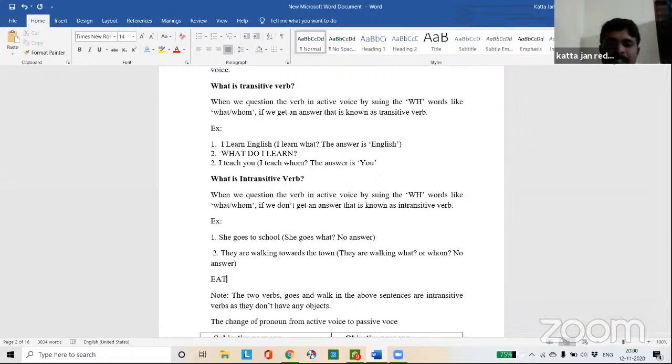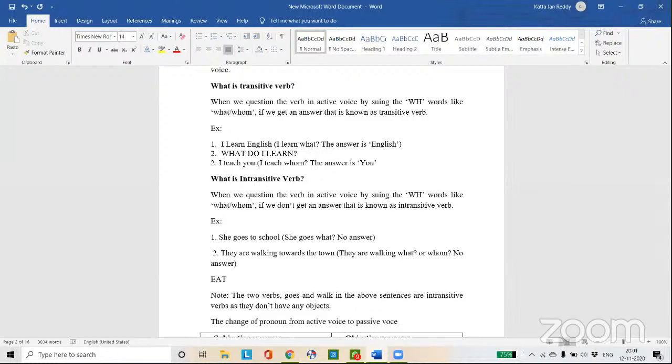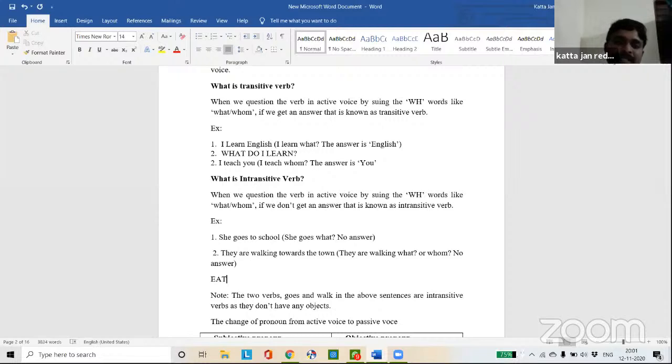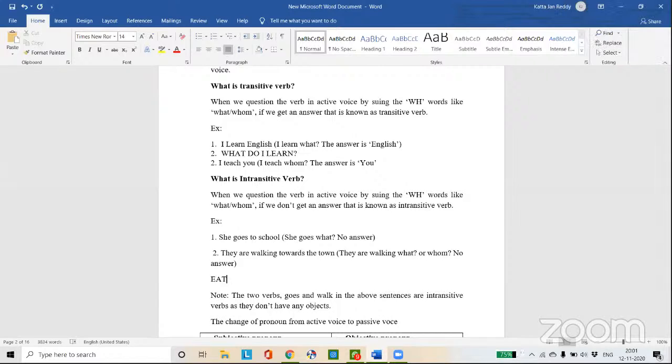Without a sentence, how can we say that a word is a transitive verb or not? Okay. You can say either it is transitive or intransitive. So if a sentence is not given, then you can say it can be either transitive or intransitive.